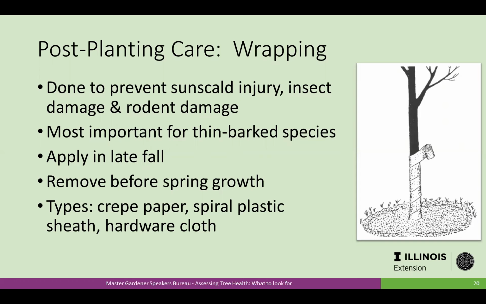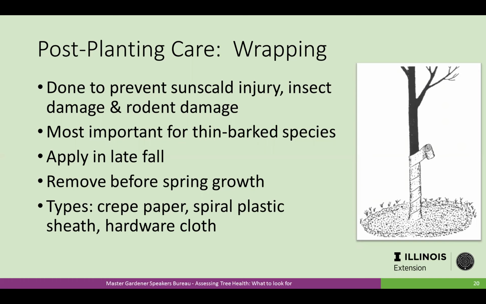Plastic sheath, hardware cloth, different things. But just be aware if you're trying to grow some types of maples that have that thin-skinned bark, and other trees that have the thin-skinned bark, then the tree wrapping is going to be important. But put it on in the fall, take it off in the spring.